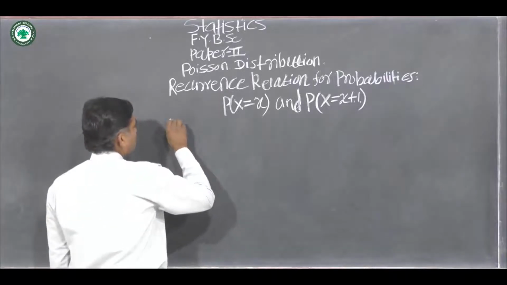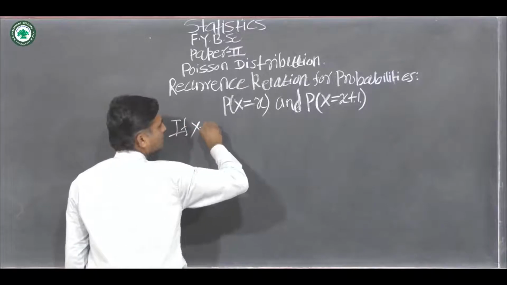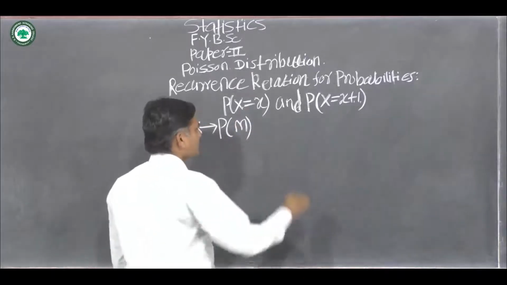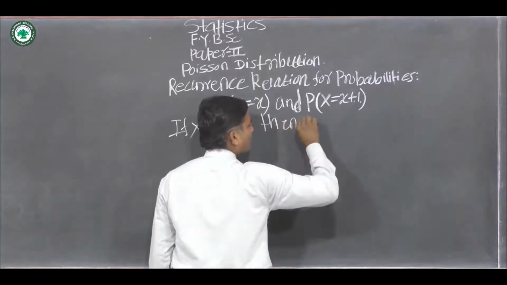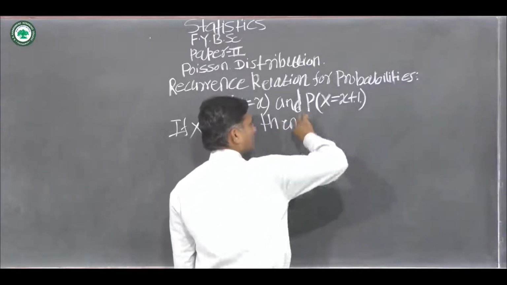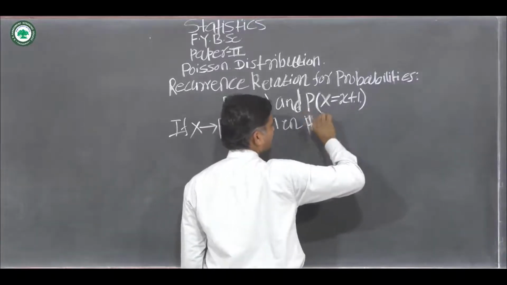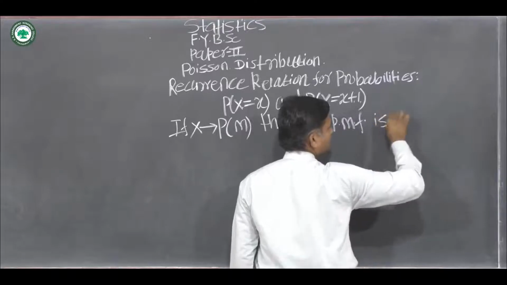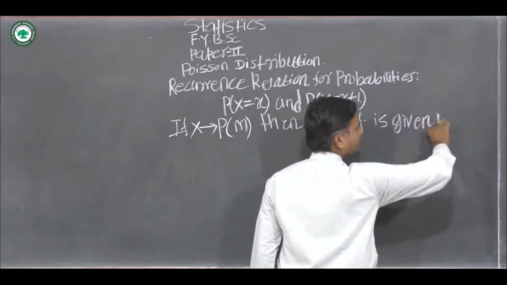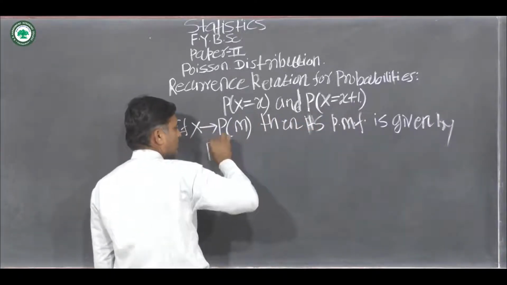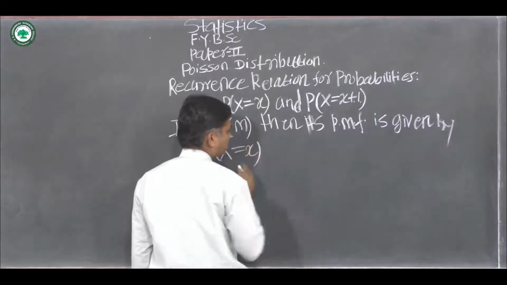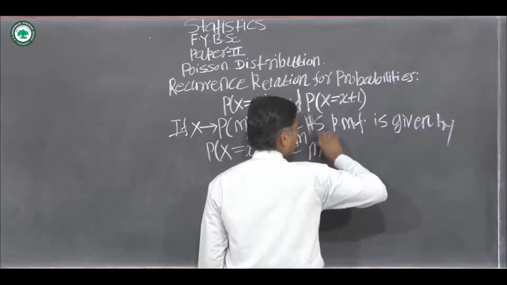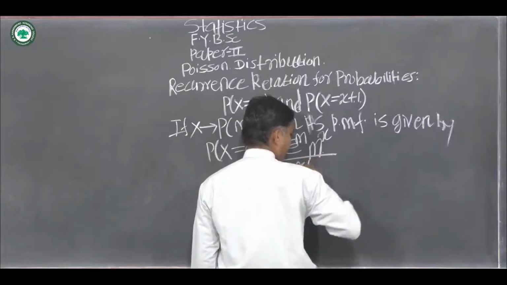If x follows Poisson distribution with parameter m, then its probability mass function, PMF, is given by probability of x equal to small x, which is equal to e raised to minus m, m raised to x upon x factorial.